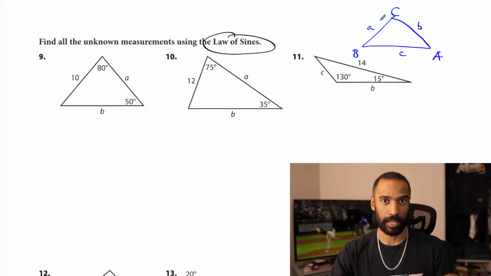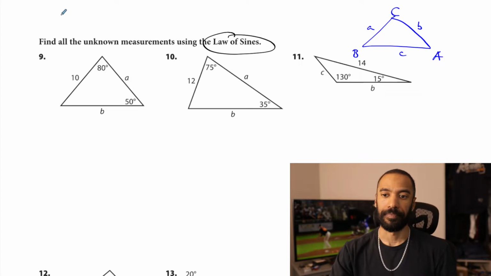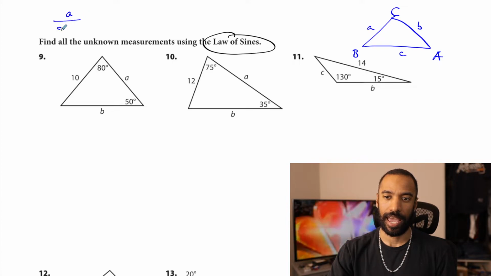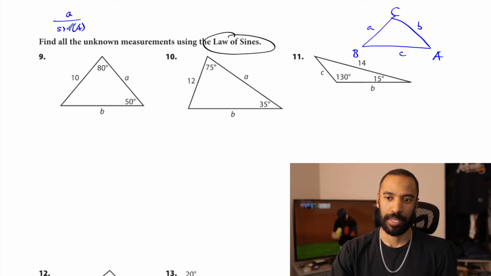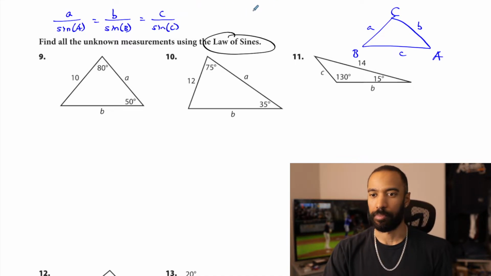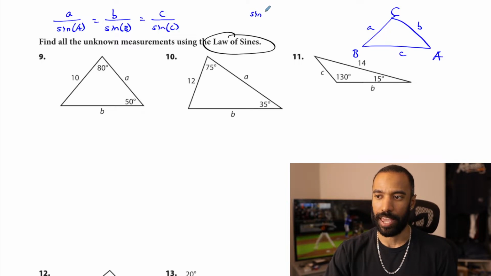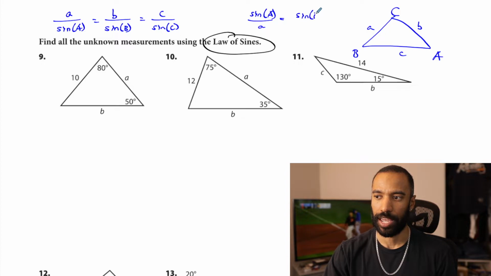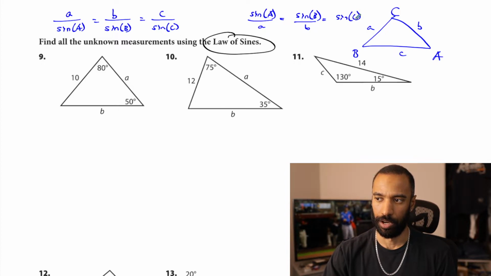You can say that a over the sine of A, meaning the angle measure A, equals b over sine of B equals c over sine of C. Now this is a lowercase c, that's a capital C. You could also flip this over, of course, and write sine of A over a equals sine of B over b, equals sine of angle C over side length c.